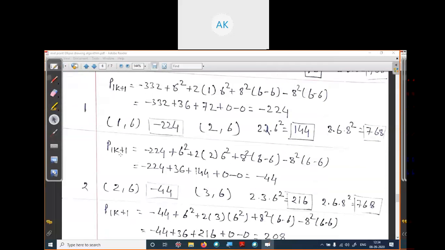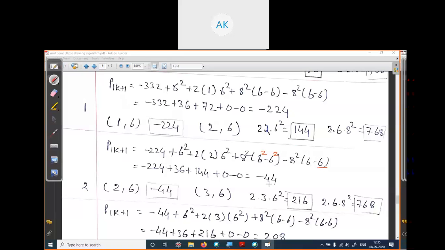Next iteration, again calculate the next descent parameter, where the previous descent parameter is minus 224, plus ry square, 6 square, plus 2 into xk plus 1 into ry square plus rx square, yk plus 1 square minus yk square, minus rx square into yk plus 1 minus yk.